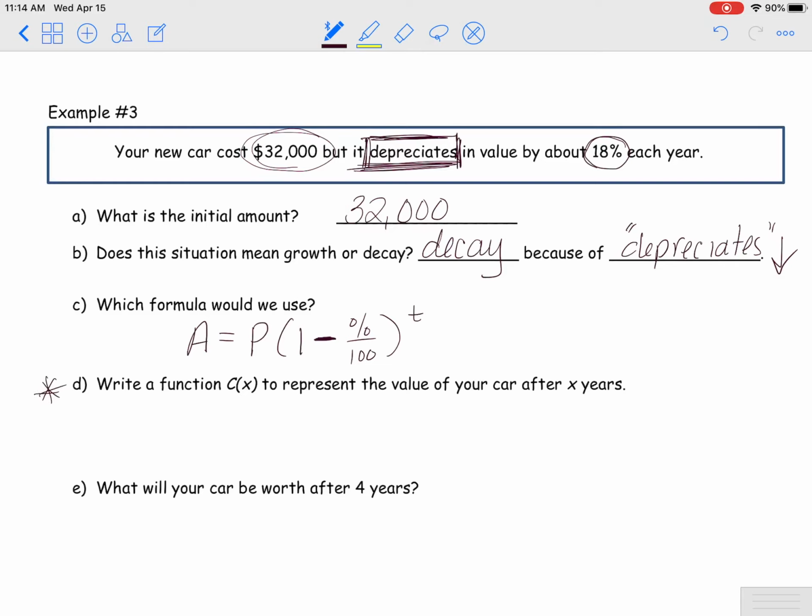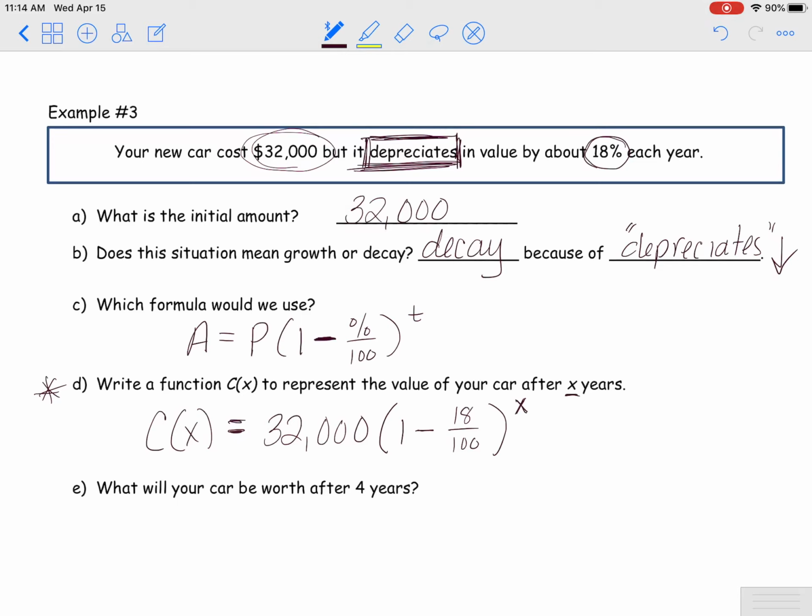So part D, this is what you really need to know how to do. Write a function C of x to represent the value of your car after x years. So C of x equals, so my initial value is 32,000, parentheses, 1 minus, now my percent was 18 over 100 raised to the x, because they're saying x years.